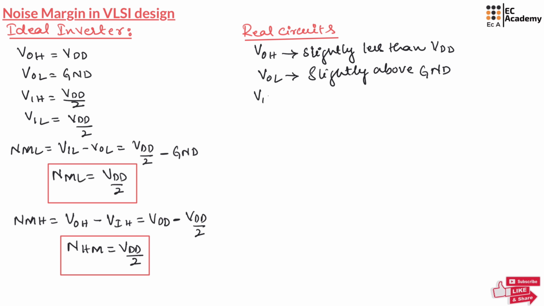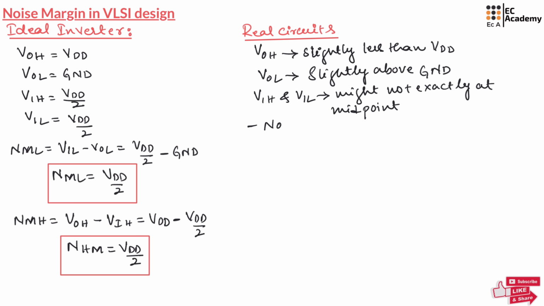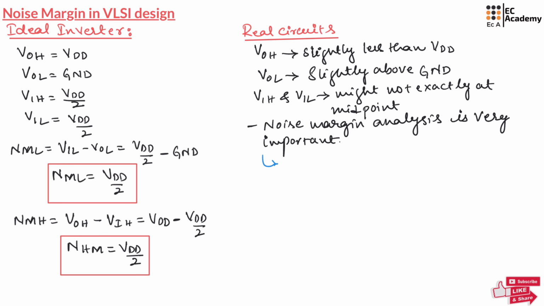Similarly, VIH and VIL might not be exactly at the midpoint. This is why noise margin analysis is very important, as it ensures the circuit works reliably under non-ideal conditions.